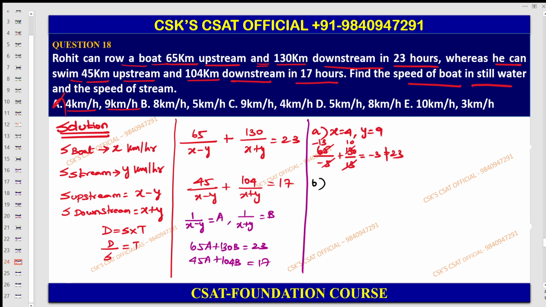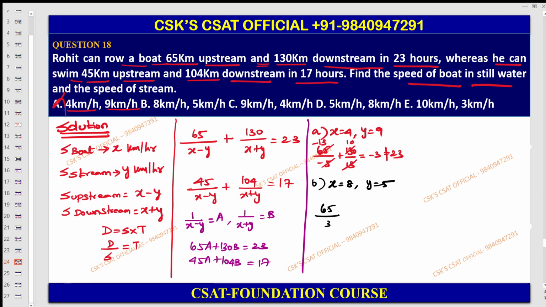In some cases that will help you to save your time. So x is equal to 8, y is equal to 5. Now add up, subtract and add up, like 65 here. So now x minus y is 3 here.